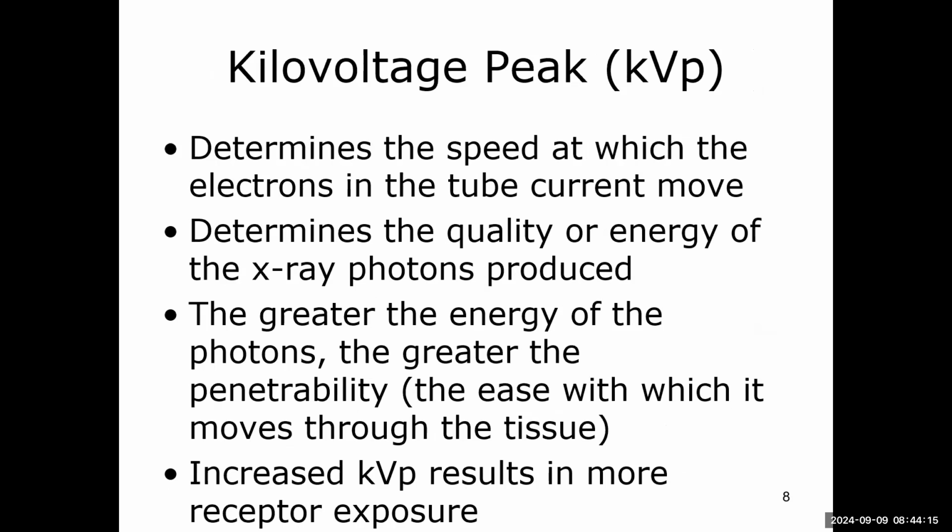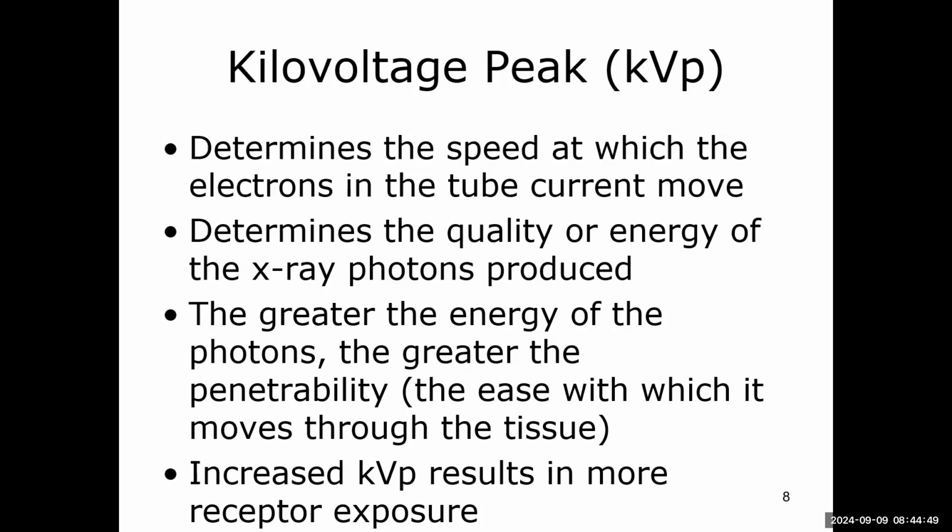You have the speed of the electrons going from the cathode to the anode, and those generally travel at half the speed of light, not the photons. We're talking about the electrons. Before the photons are created, the speed of the electrons going from the cathode to the anode is around half the speed of light. Now, exactly what speed they go is determined by the kVp.